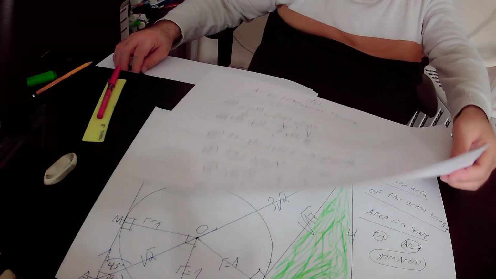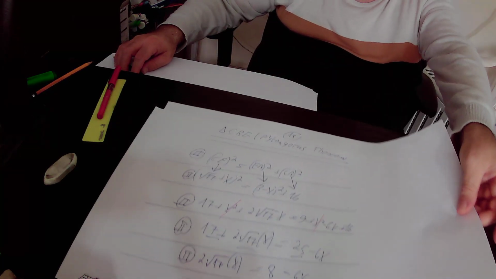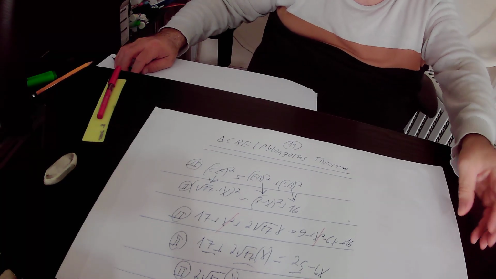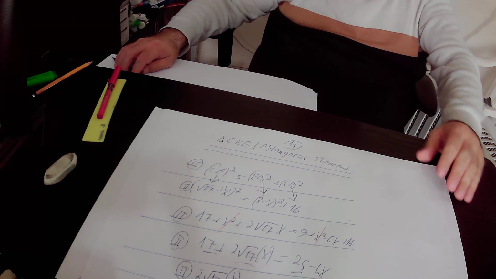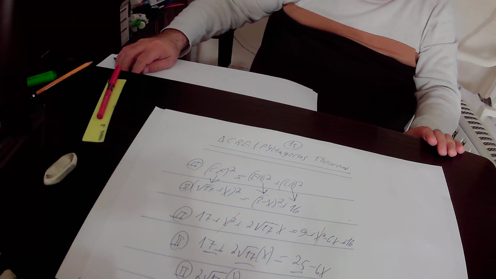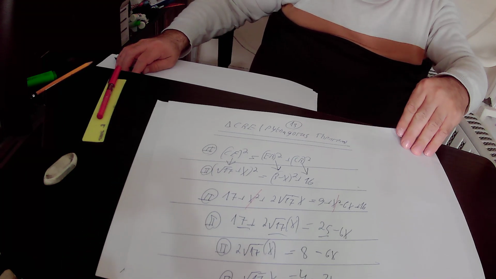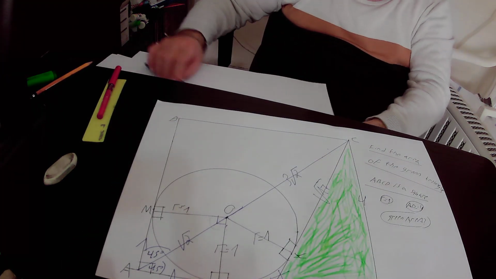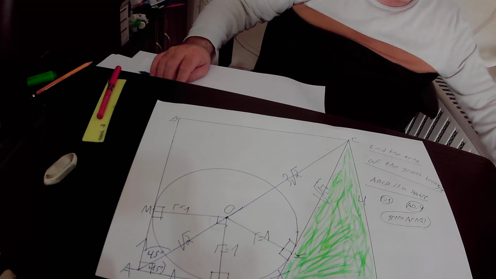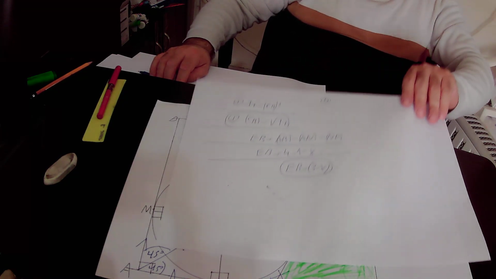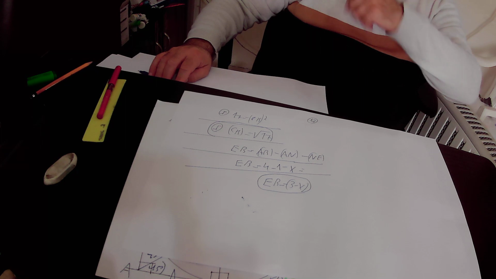Okay, then we focused on the right green triangle, triangle CBE, but actually before that we calculated the value of line segment EB.